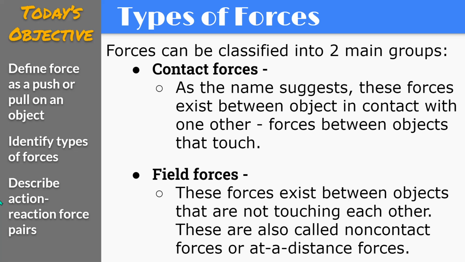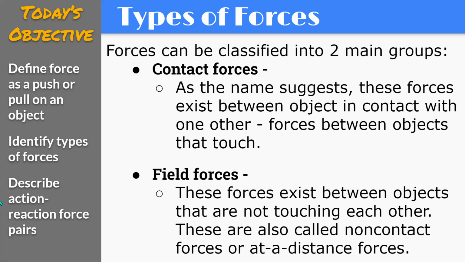There are two main types of forces that we're going to be talking about. These two main groups are called contact forces and field forces. A contact force, as the name suggests, involves contact or touching of two objects. So the forces exist between an object in contact with another object, forces between objects that touch, like the baseball and the bat that we saw on the first slide.